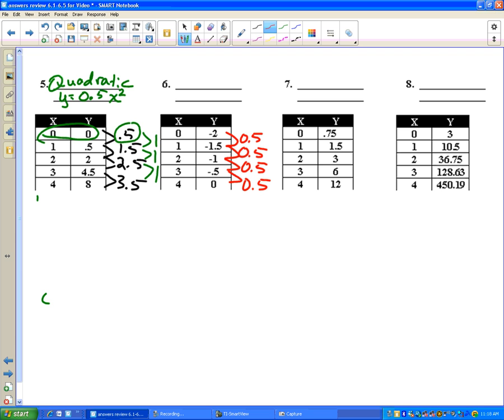So this has to be linear. Y equals mx plus b. My m is my first difference, 0.5. My b is y when x is 0, minus 2. Y equals 0.5x minus 2.